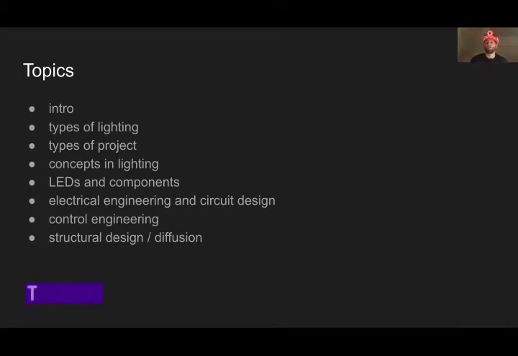Then we're going to talk about different types of project. So what's the difference between a wearable, this is a wearable, versus an installation, which might be a standalone sculpture or something like that, versus a stage, which is probably the highest level of complexity of LED project, because it's very time constrained.